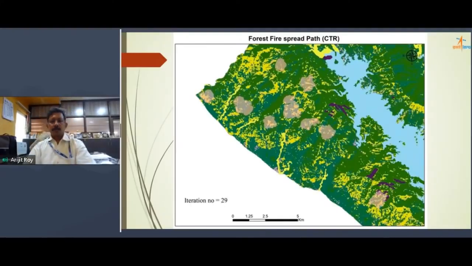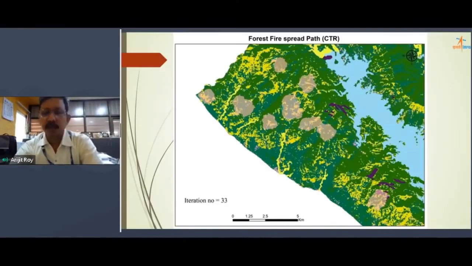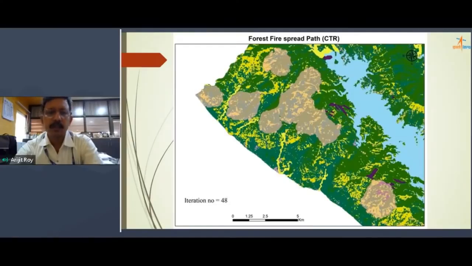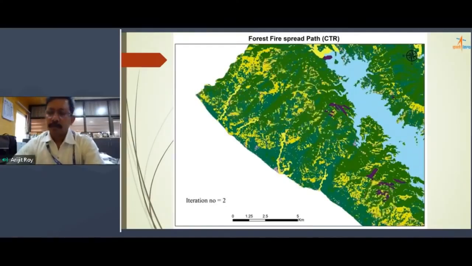We have simulated it for around 48 hours. And based on this, I collected the information from the ground as well as the actual burnt map we have prepared using high resolution satellite data, and then matched it.